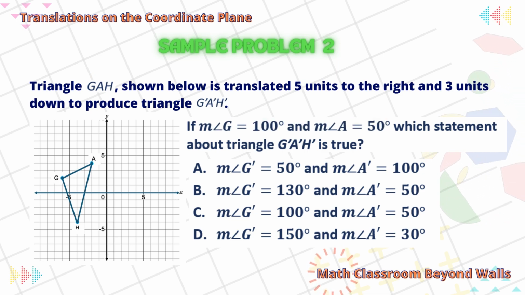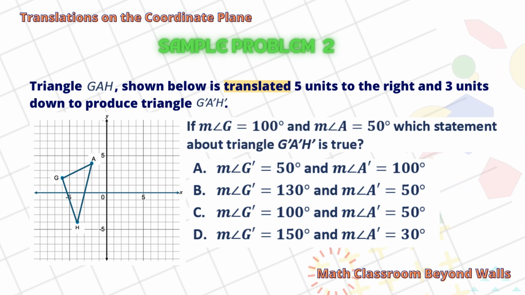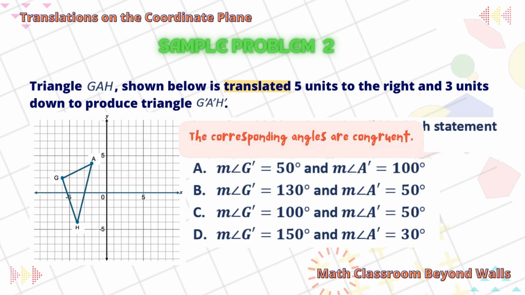Okay, let us analyze what are given here. The triangle is translated. What does it imply? Okay, it implies that the preimage and the image are congruent. What does it mean in terms of the parts of the triangle? Now, it means that the corresponding parts are congruent. Since the problem's focus is on the angles, then we say that the corresponding angles are congruent, right?